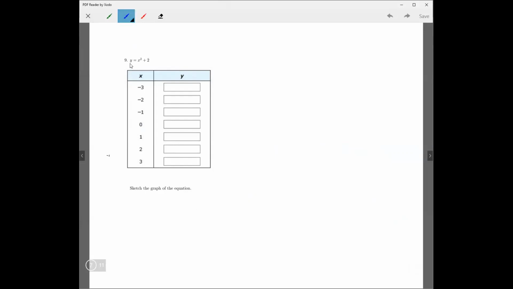They give us a bunch of x values, and we're supposed to figure out the y values. So when x is -3, you plug in -3 for x over here, and that gives you 9 plus 2, that gives you 11. Okay, so 11 is going to go in right there.